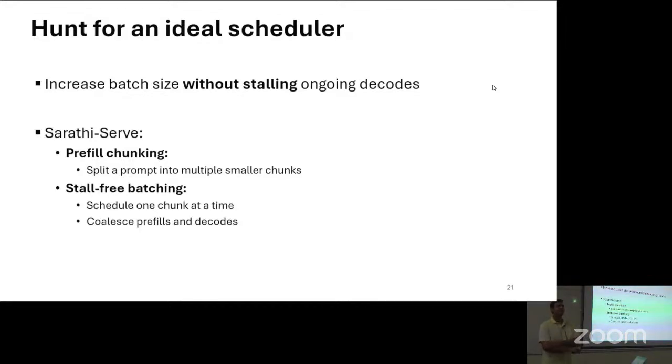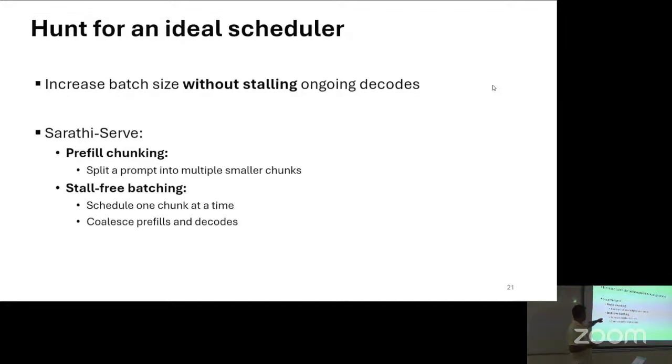When you do a decode, you are processing a token that you have not processed before, but it needs to know the context of all the tokens in the history. The same thing happens with prefill chunking. When we schedule the second chunk, it needs to know the context of the first chunk. Exactly.